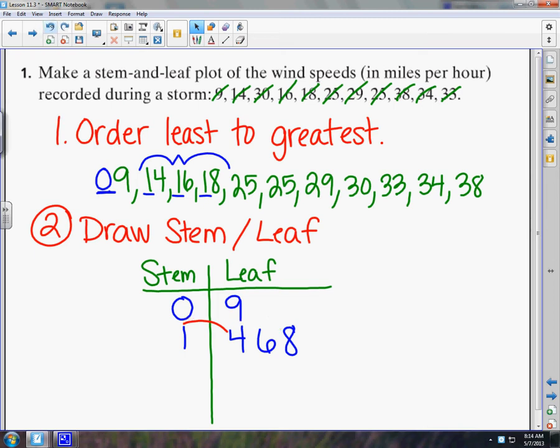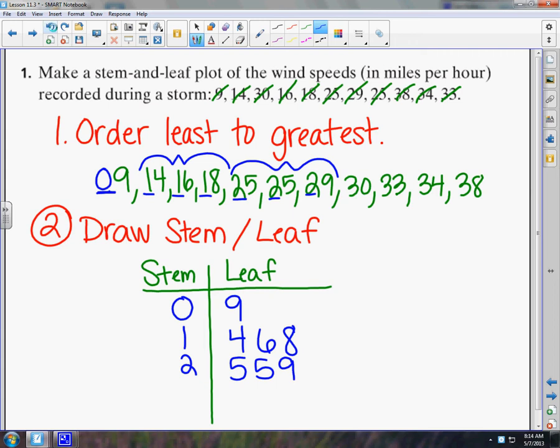Okay, so my next group is the 20s, and I have 3 numbers with a stem of 2. So I'm going to put my 2 down, and then I have a 5, 5, and 9. And then my last group is the 30s, and they all have a stem of 3.